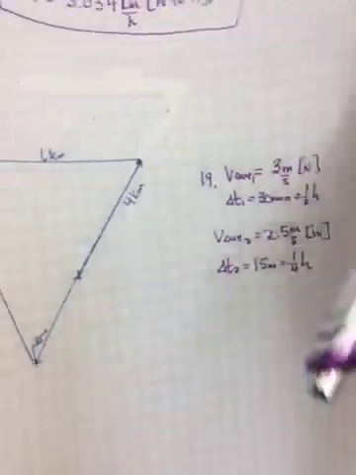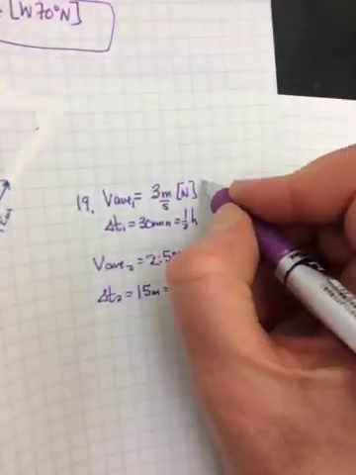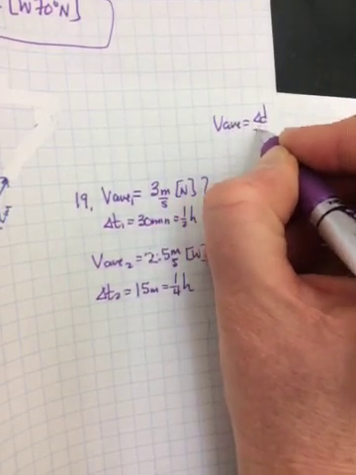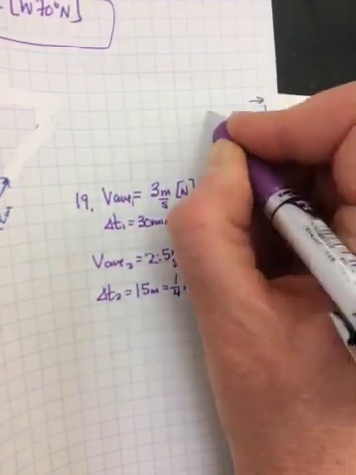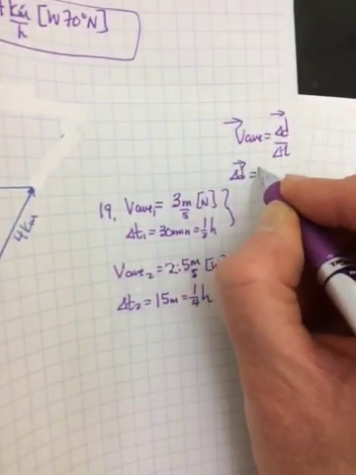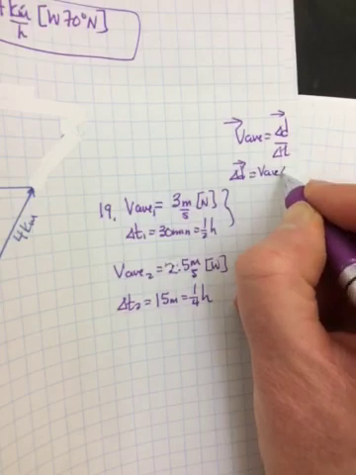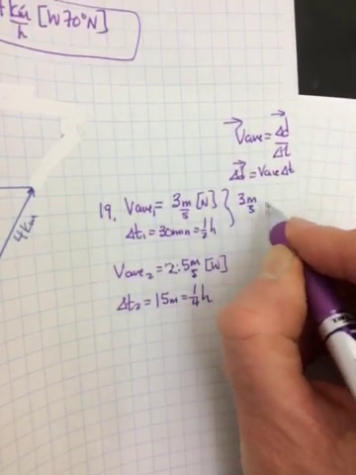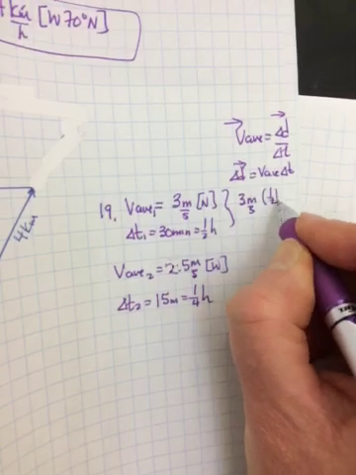So just like we did above, we have to find the delta d's. So we know average velocity is equal to displacement over time. So multiply both sides by the time. So v_av times delta t. So 3 meters per second times a half hour.